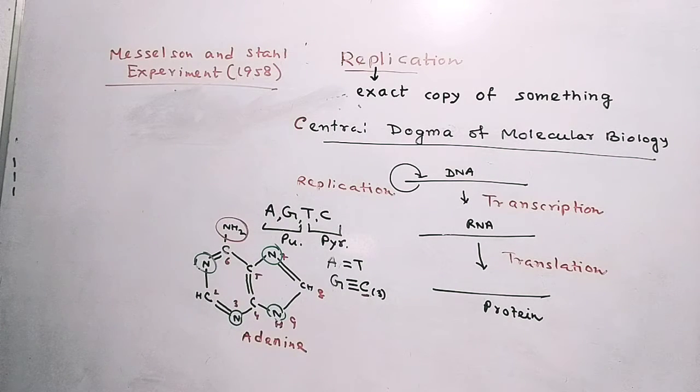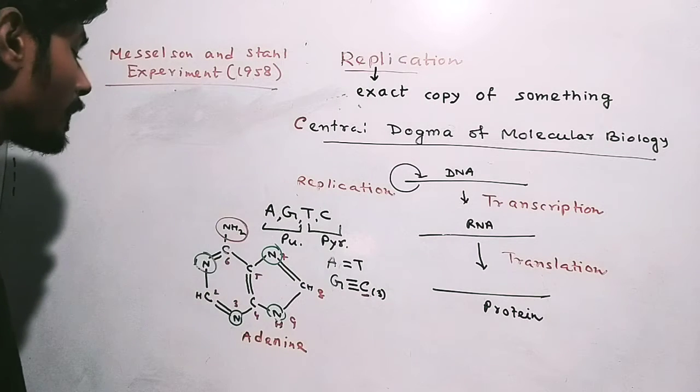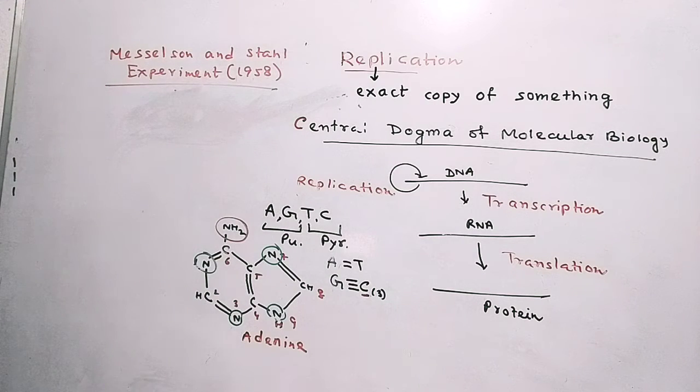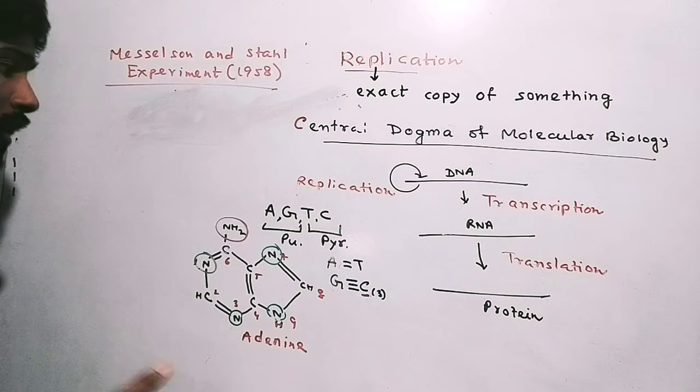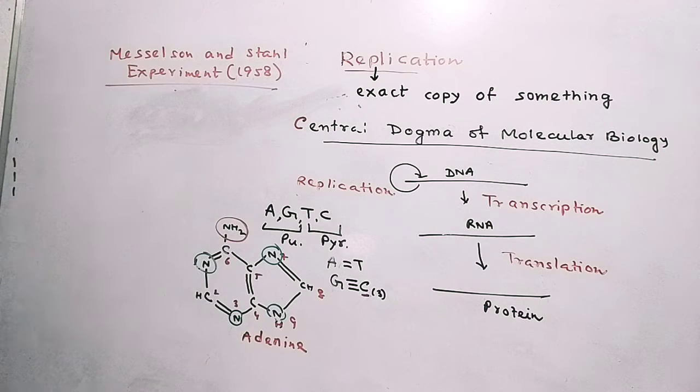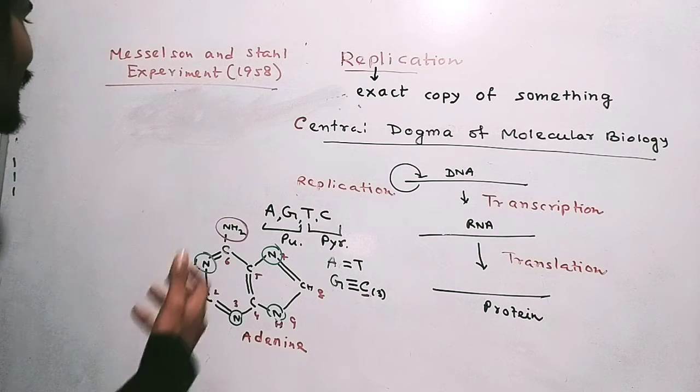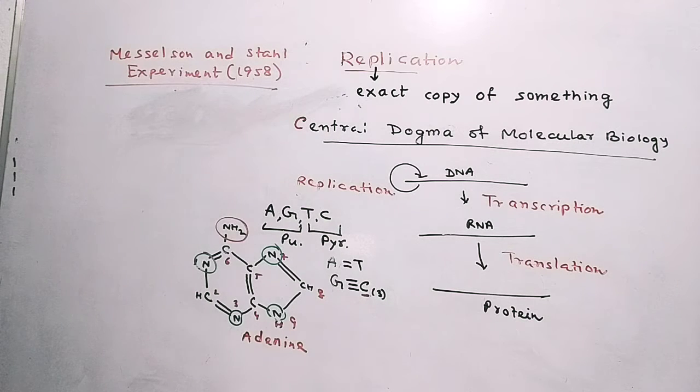That tells us clearly that nitrogen is very important for the formation of nitrogenous bases like adenine, guanine, thymine, and cytosine. So now we are prepared to understand the Meselson and Stahl experiment.